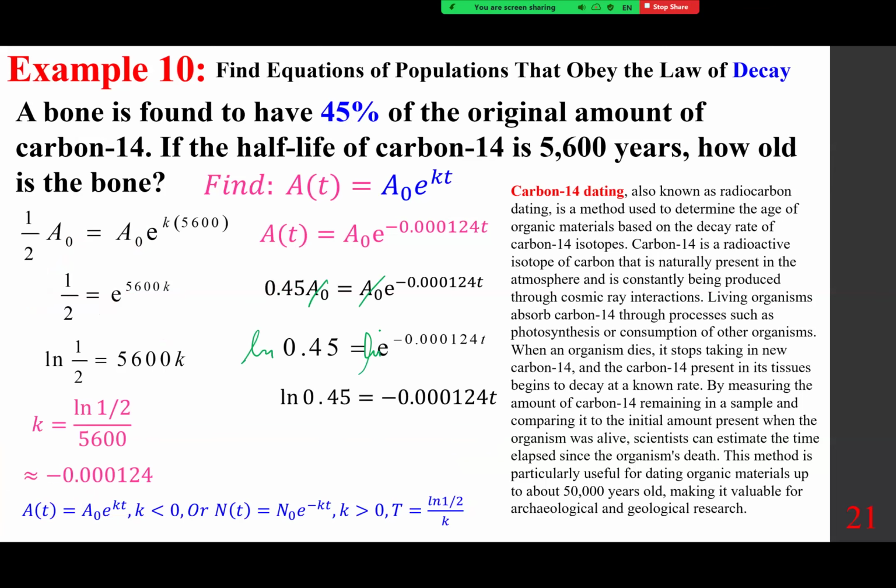And t is the left side divided by this number, negative 0.000124. Put it into a calculator, and bear in mind, ln of 0.45 is negative, over negative makes it positive. So 6,451 years. Again, this is an approximation. Normally they go with the whole number. You don't have to, but understand that it's an approximation.